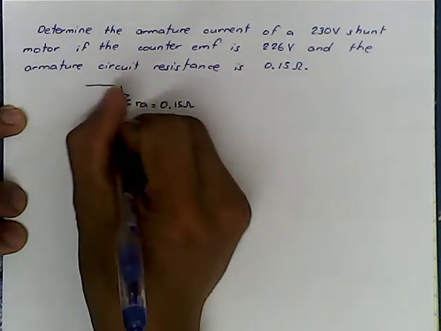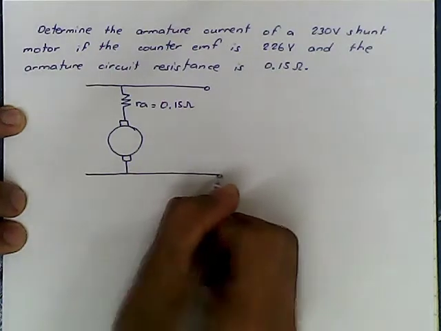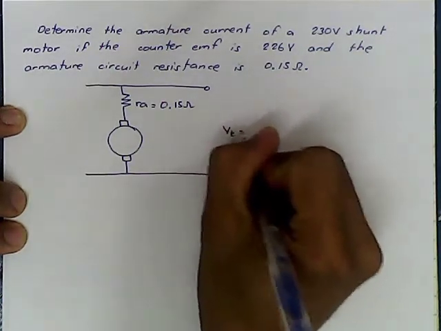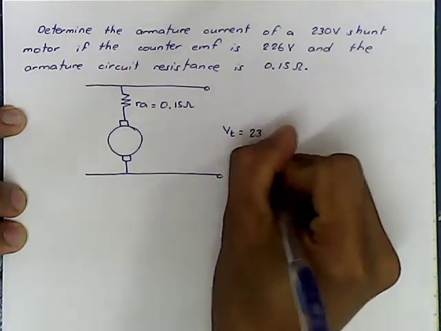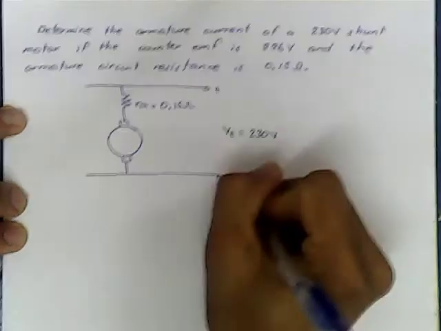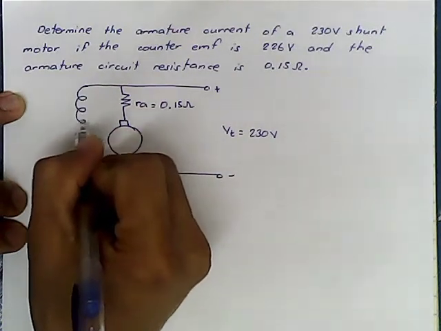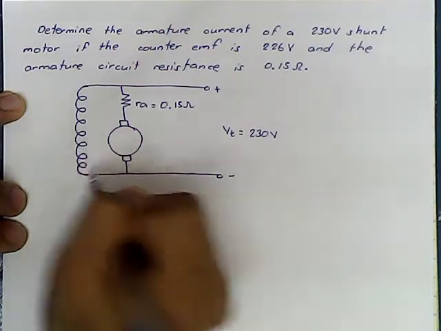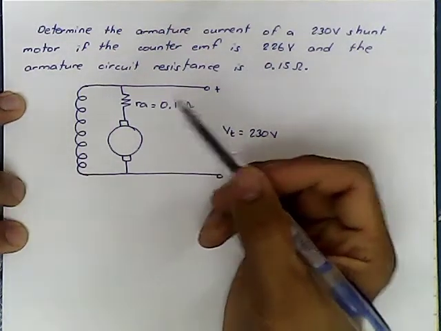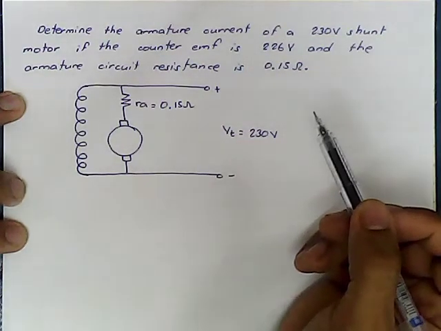And then our terminal voltage, which is equivalent to 230 volts. Here is the positive and the negative. Let's just put in our shunt field winding, although no value was specified concerning our shunt field.